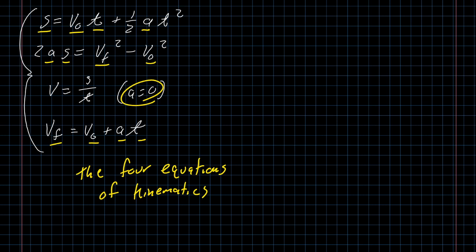I find it's most useful to group these equations based on what's missing. That first equation, s equals v naught t plus 1/2 a t squared, does not have vf in it. 2as equals vf squared minus v naught squared does not have t in it. v equals s over t, of course, has a equals 0, vf equals v naught.